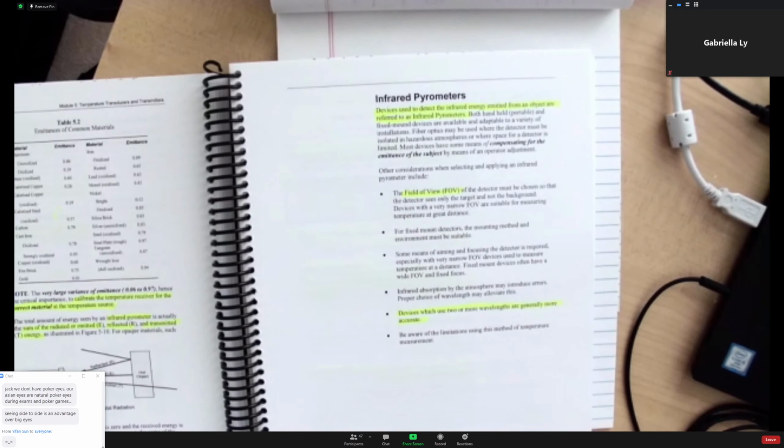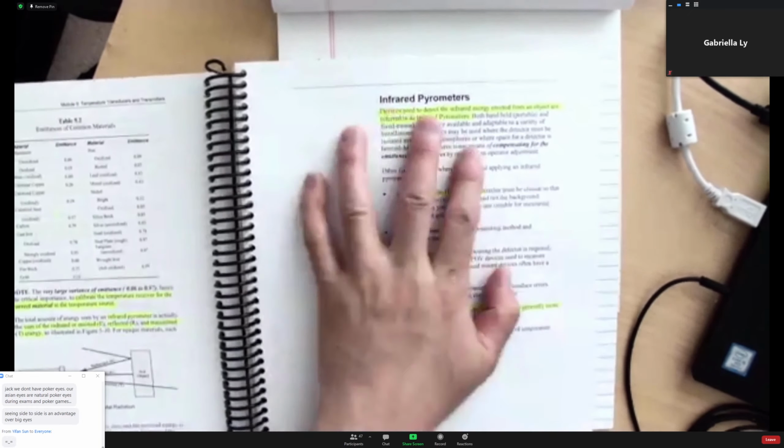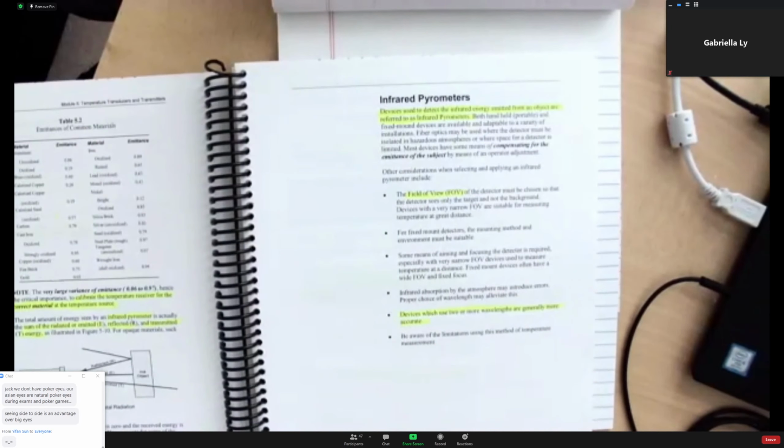Okay, so I mentioned that you have to know this if we want to measure temperature remotely. We call it non-contact measurement. We use an infrared pyrometer.